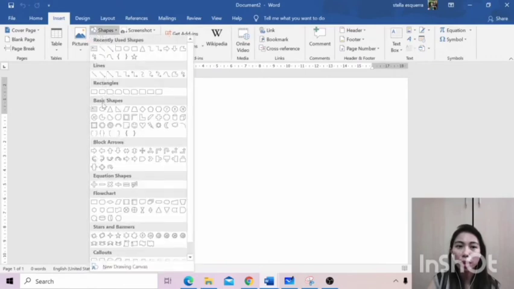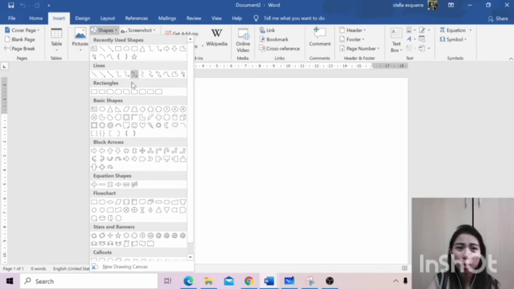Here you have basic shapes. You have this pentagon, you have hexagon, then you have heptagon, and you have octagon, and of course you have square as well.